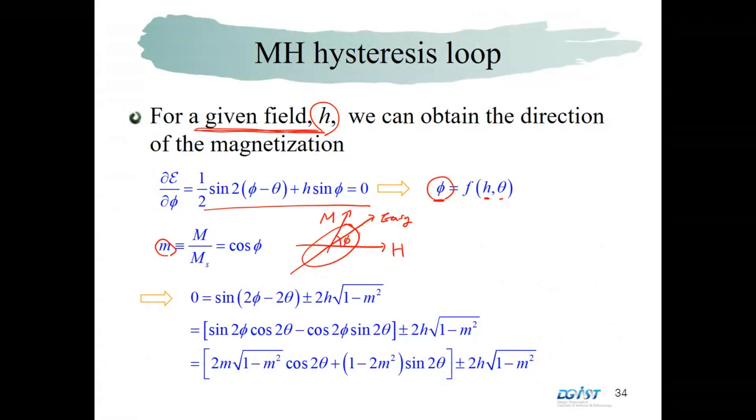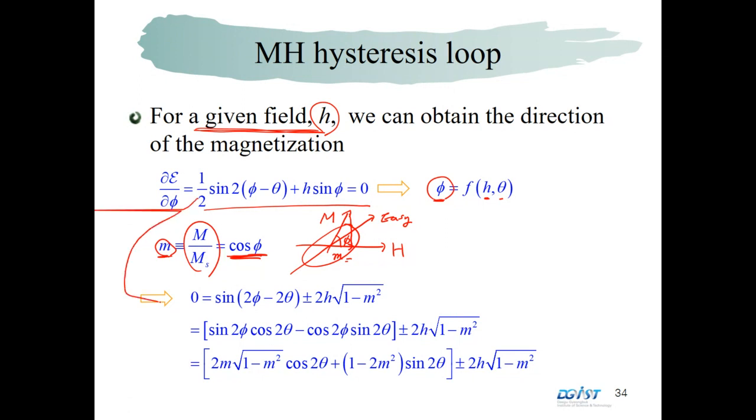So this is angle phi, and cosine phi implies the projection of the magnetization onto the field direction. Let's say this is small m, and this small m is defined by its normalized value also. So cosine phi we can replace by small m.